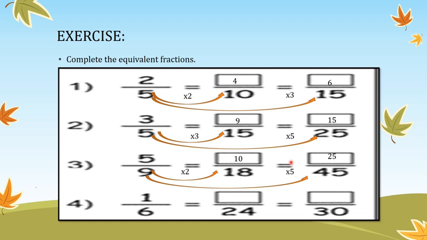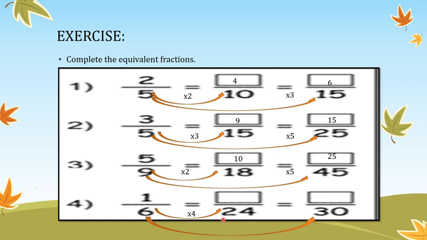5 fives are 25. Same way the last one: 1 by 6, one sixth, is equal to a blank numerator over 24. So let's find out how many times of 6 24 comes. 6 fours are 24.